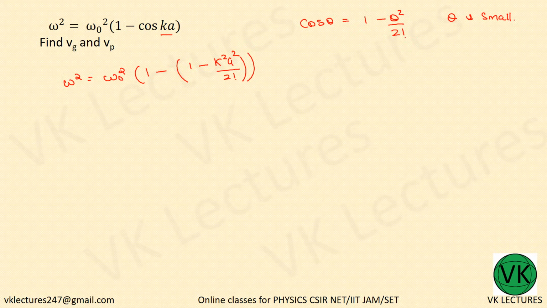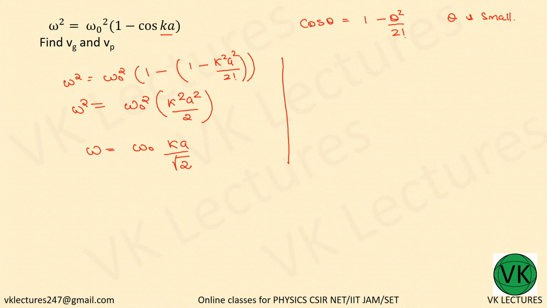After that, omega naught square into 1 minus minus, that becomes 0, so minus of minus plus k square a square divided by 2, because 2 factorial is 2. Now this is omega square. You can write omega is equal to omega naught into Ka by root 2.